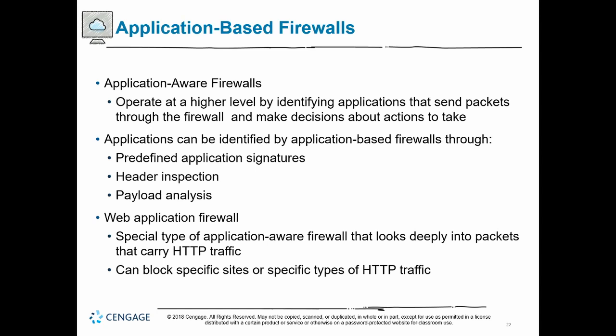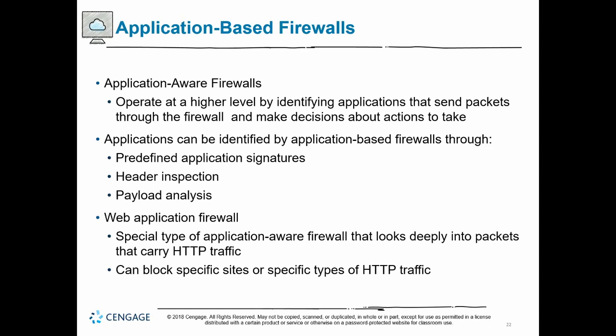Application-aware firewalls operate at a higher level, at layer 7. Usually we call these WAFs, or web application firewalls. They operate at a higher level by identifying applications that send packets through the firewall and making decisions about actions to take.